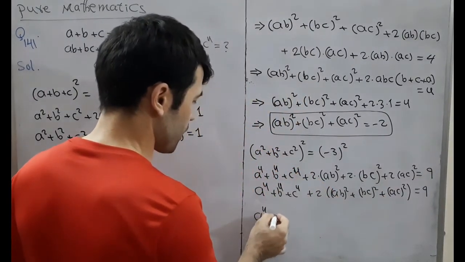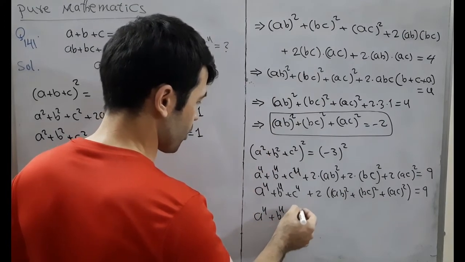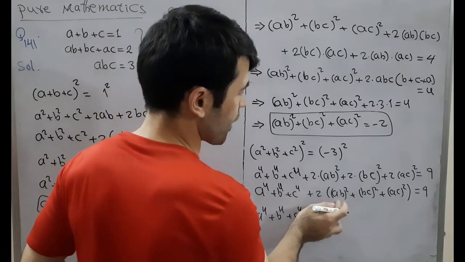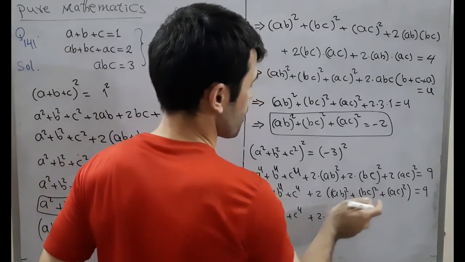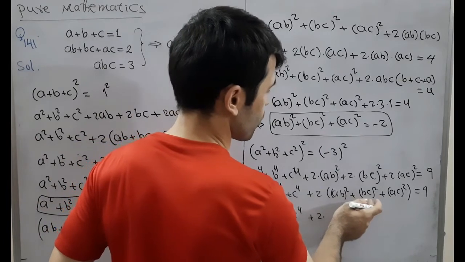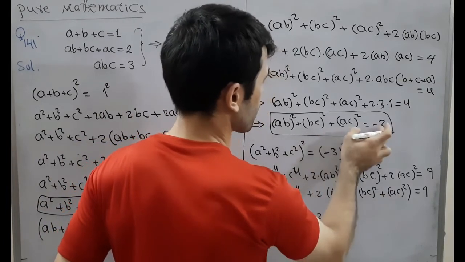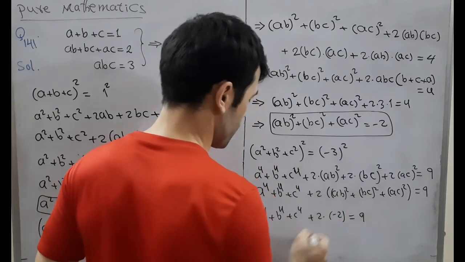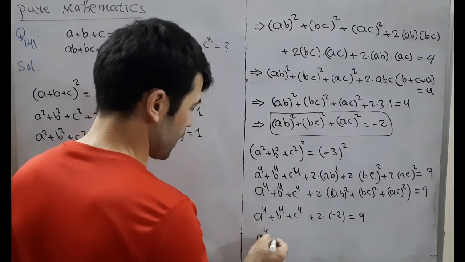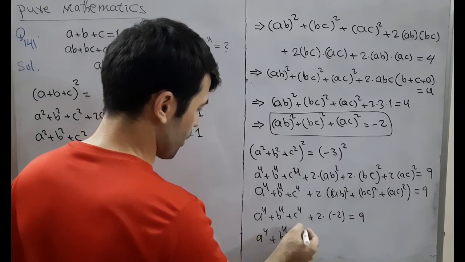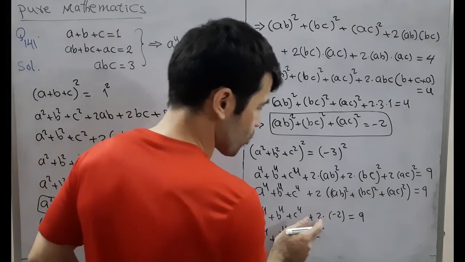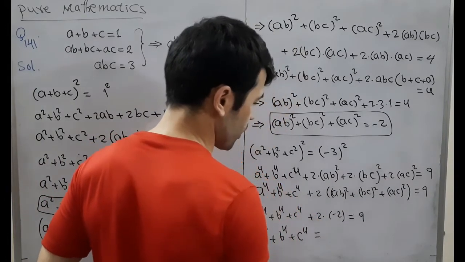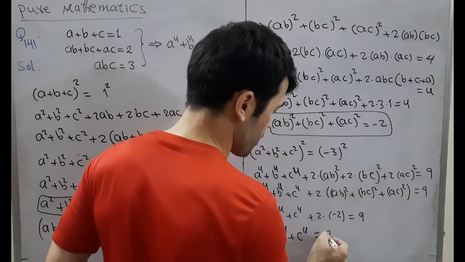a to the power 4 plus b to the power 4 plus c to the power 4 plus 2 multiplied by, instead of (ab) whole square plus (bc) whole square plus (ac) whole square, we can write minus 2, is equal to 9. a to the power 4 plus b to the power 4 plus c to the power 4 is equal to 9 plus 4, since minus 4 transferred to the right side becomes plus 4.